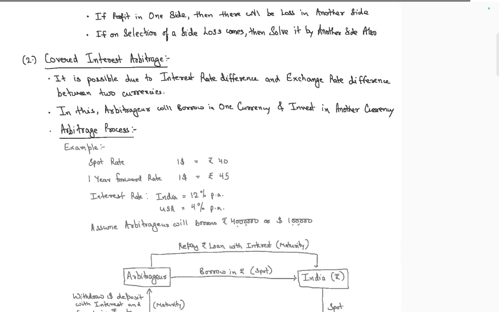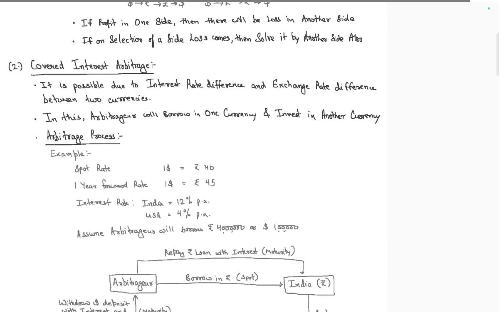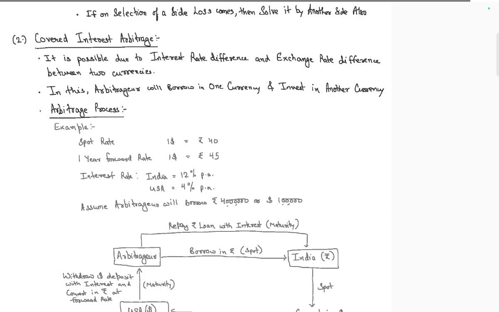Covered interest arbitrage is possible when there is an interest difference and an exchange rate difference between two countries. The arbitrageur will borrow in one currency and invest in another currency.